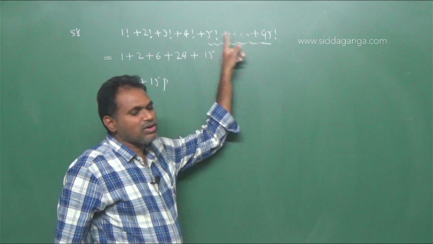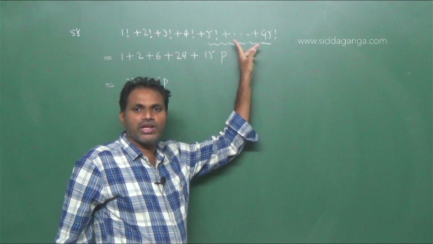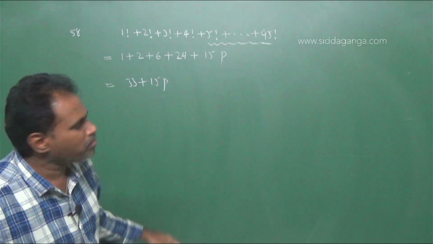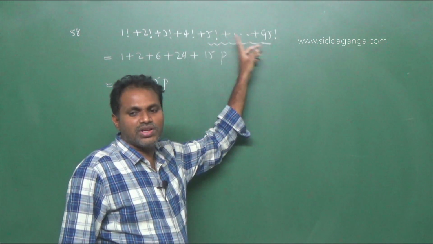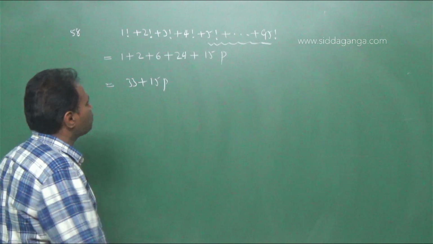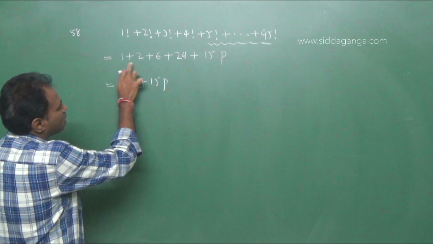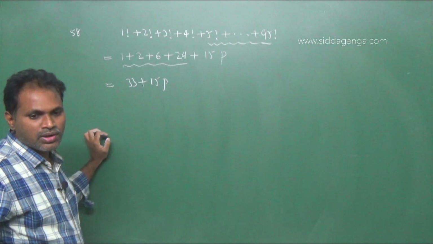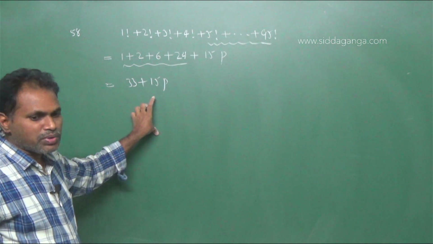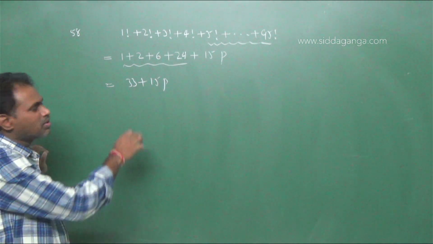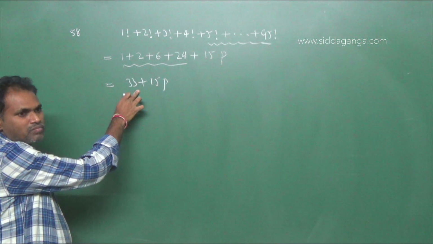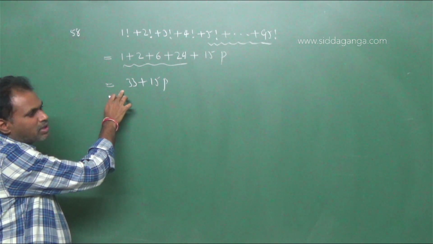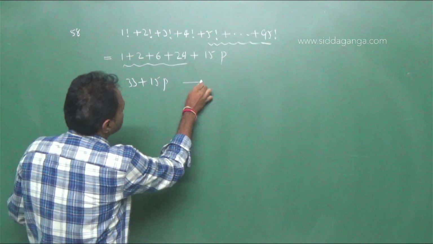From 5 factorial onwards, every term will be divisible by 15. Therefore, the sum is 33 plus 15P. If you divide by 15, then the remainder is 33 by 15, that is 3.